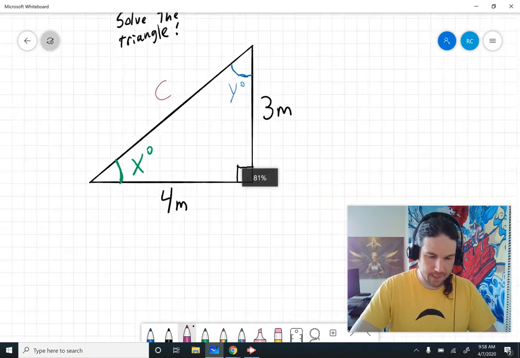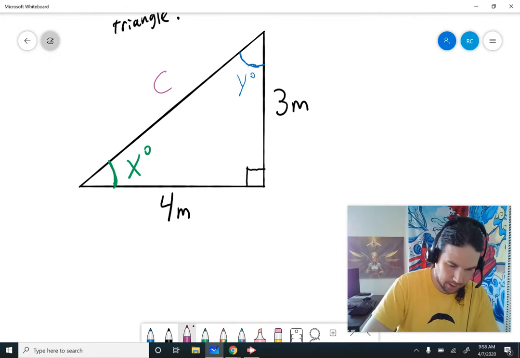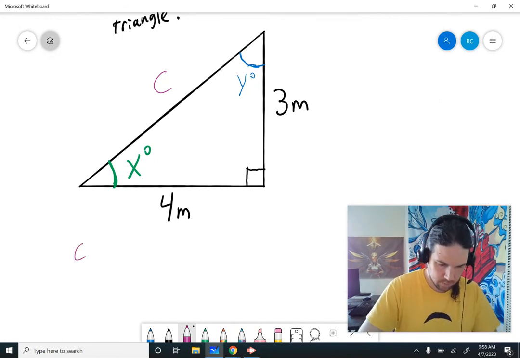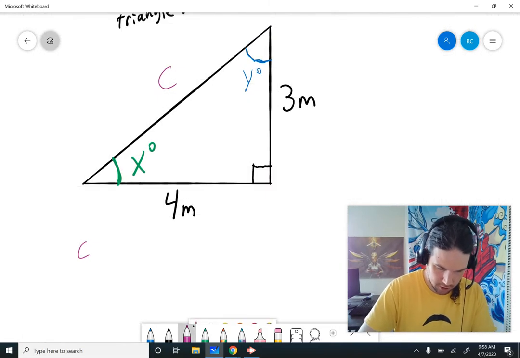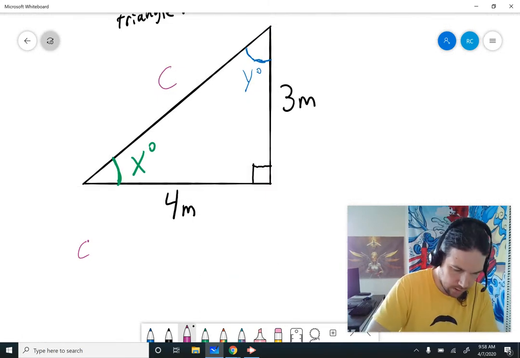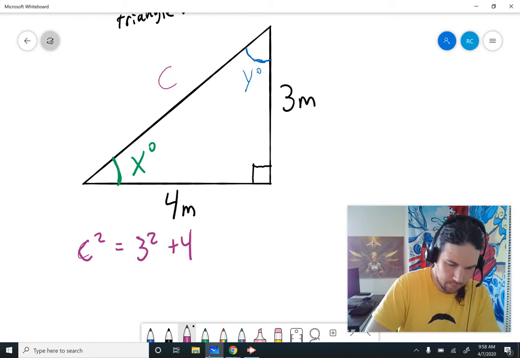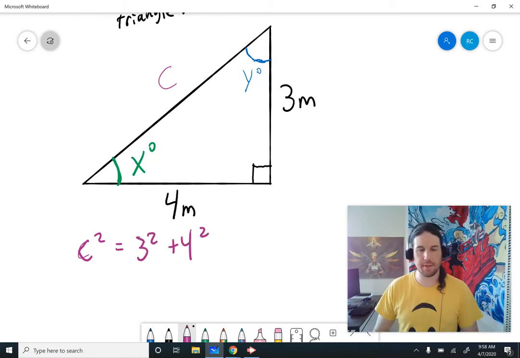Now, obviously, finding c is going to be the easiest part here. We get c squared equals 3 squared plus 4 squared, right? Using the Pythagorean theorem.